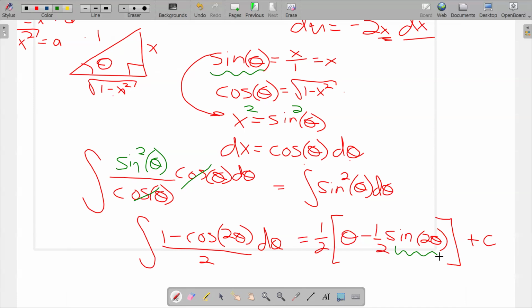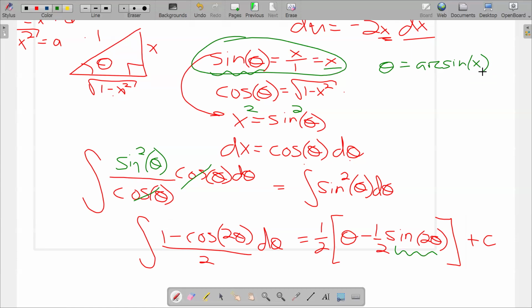I'll write that down. If the sine of theta equals x, what would theta have to be? How would you solve this for theta? It would just be the arc sine. So if sine of theta equals x, then theta must equal the arc sine of x.